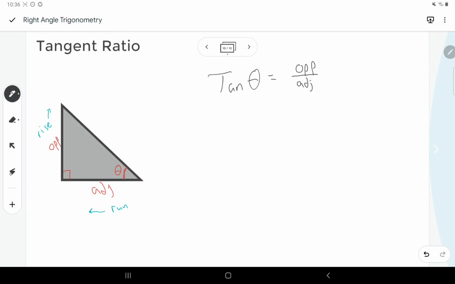Which means that tangent of theta is also rise over run, which is actually the slope. So the slope on a line is also its tangent of the angle. How cool is that? We can use that a lot.